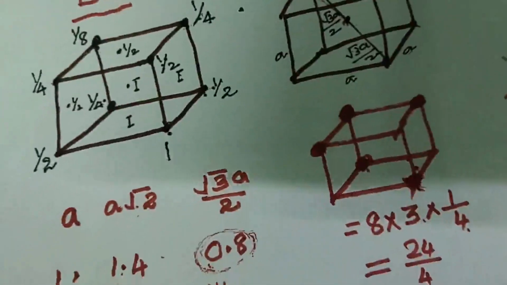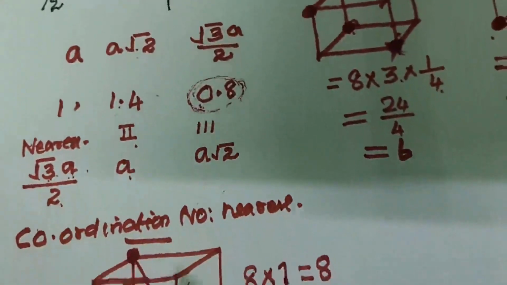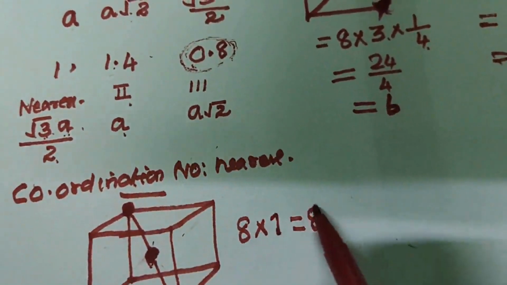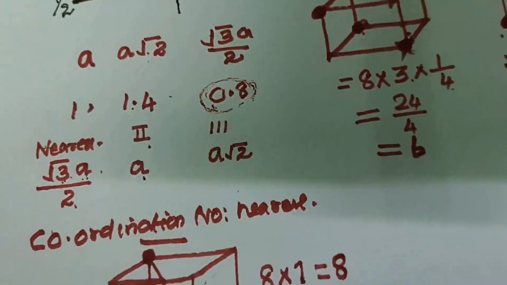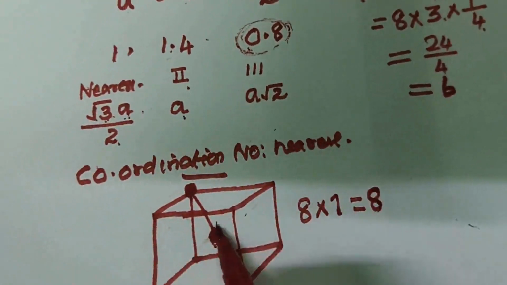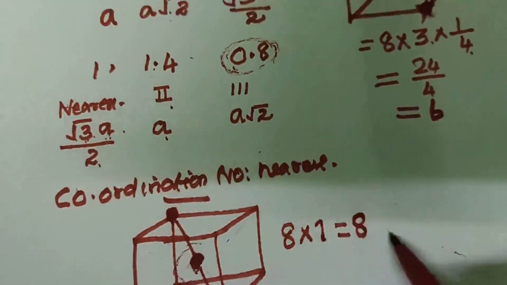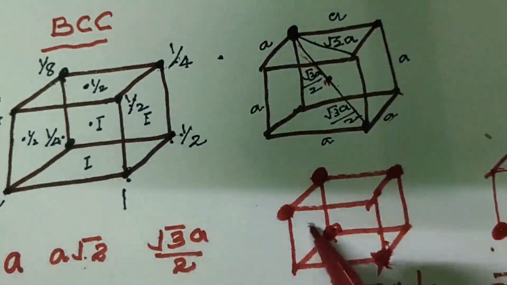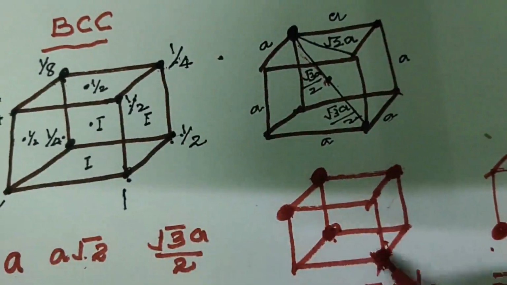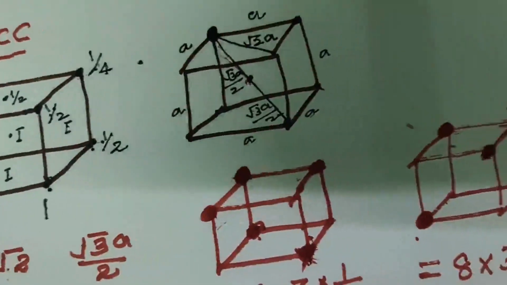So the nearest particle in BCC has coordination number 8. So this particle is in contact with 8 such particles, that is coordination number 8. Then the second, this is surrounded by 6 like this. Then third nearest.